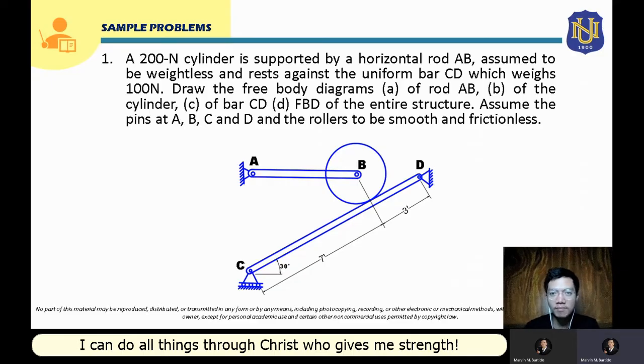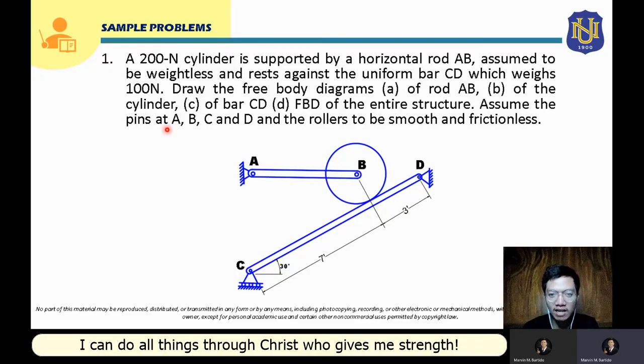Draw the free body diagram of rod AB, of the cylinder, of bar CD, and the FBD of the entire structure. Assume the pins at A, B, C, and D, and rollers to be smooth and frictionless.